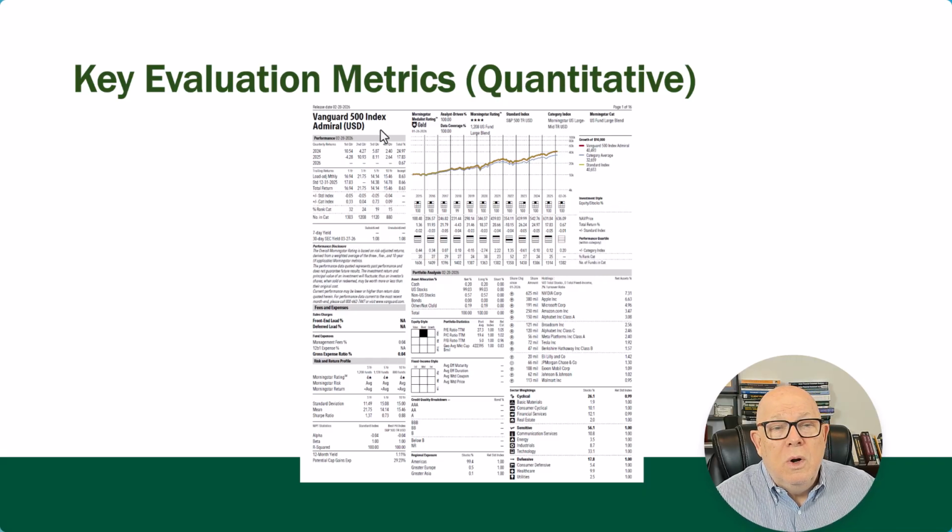They tell you how this fund is doing against different indices. In most cases, they're going to use the S&P 500 as the standard index. This is an S&P 500 fund, so they definitely use the S&P 500 index for comparison. And then they also have a category index that they compare to as well.